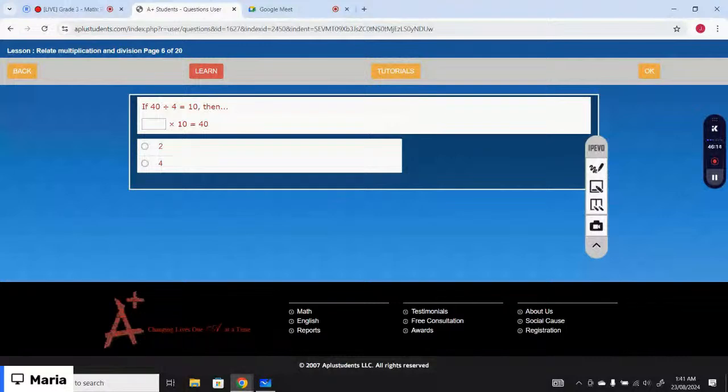The correct option is 4 times 10 is 40. The correct option is 4. Option number 2 is the correct option.